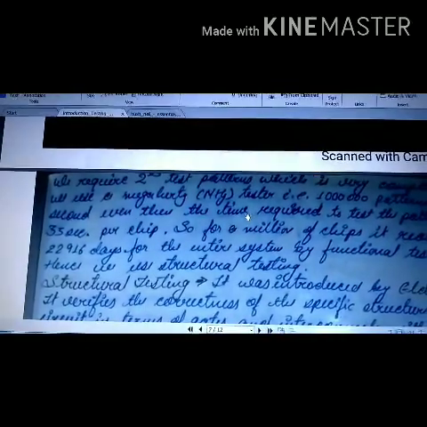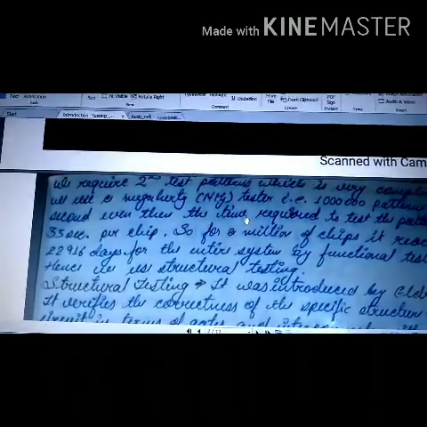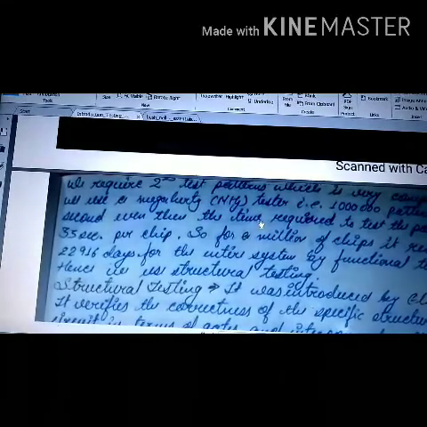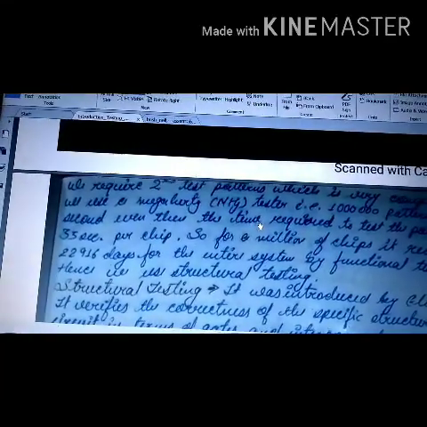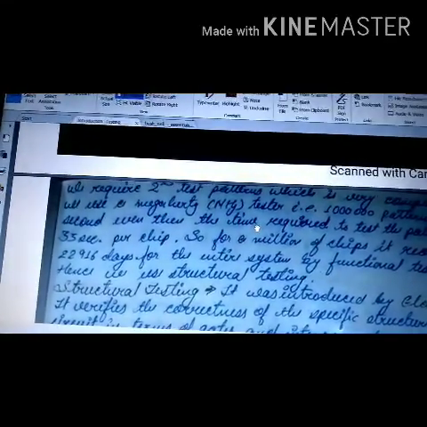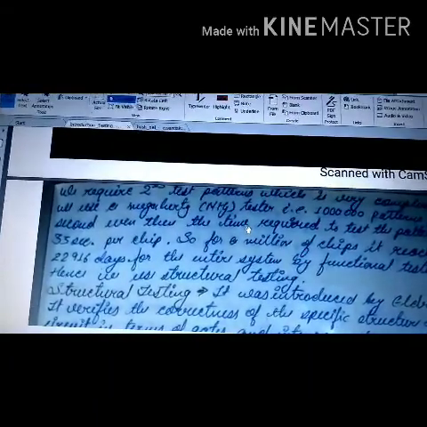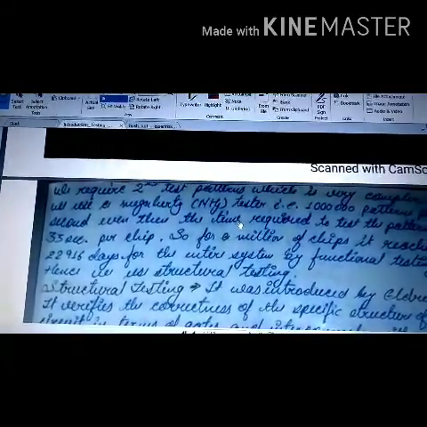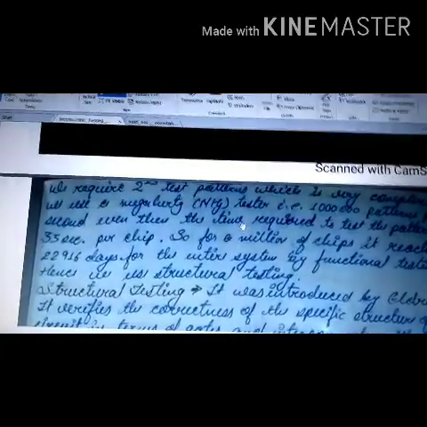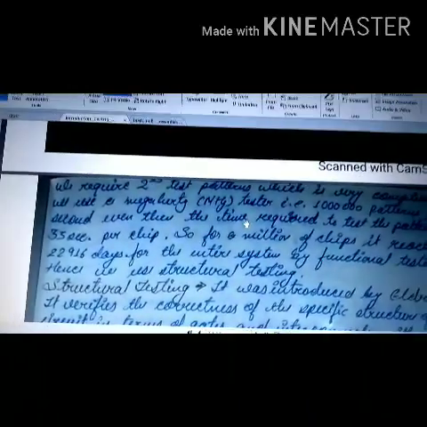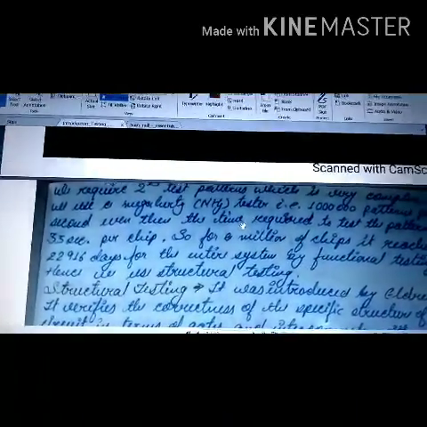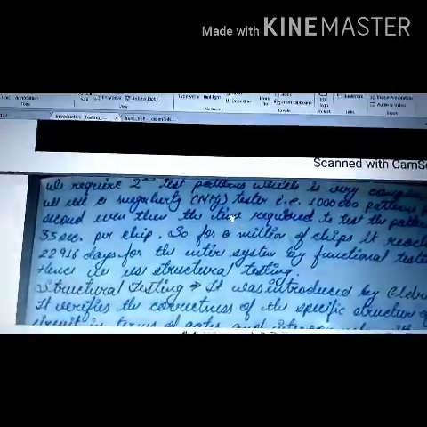And if we are talking about millions of chips, then it will take something like 22,916 days, which is a lot of years. And this is where functional testing does fail, even though it is one of the most important concepts. Hence, instead of carrying on functional testing, we use structural testing.